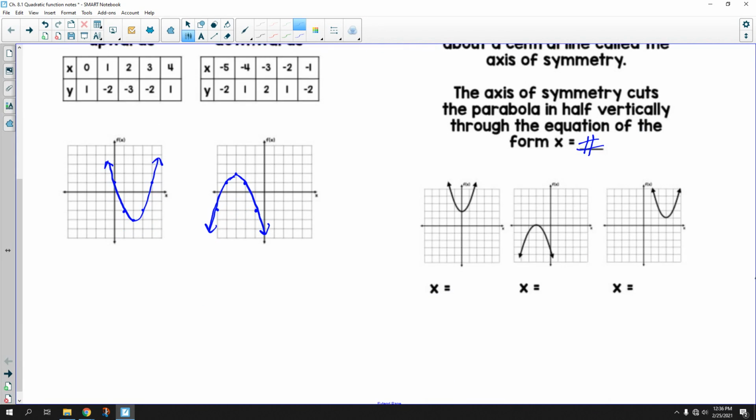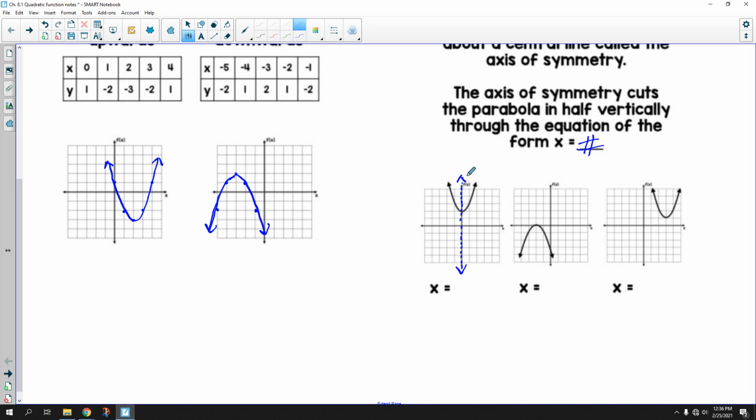Here are some examples of how that looks. The first one here, if I cut this parabola in half vertically, I'm going to draw a dotted line right down where the fold would be. This is going to be our axis of symmetry.